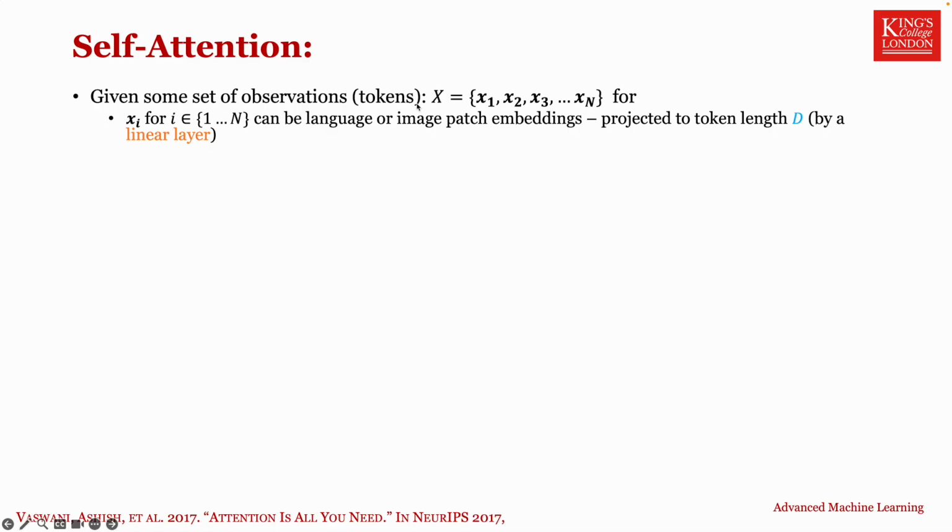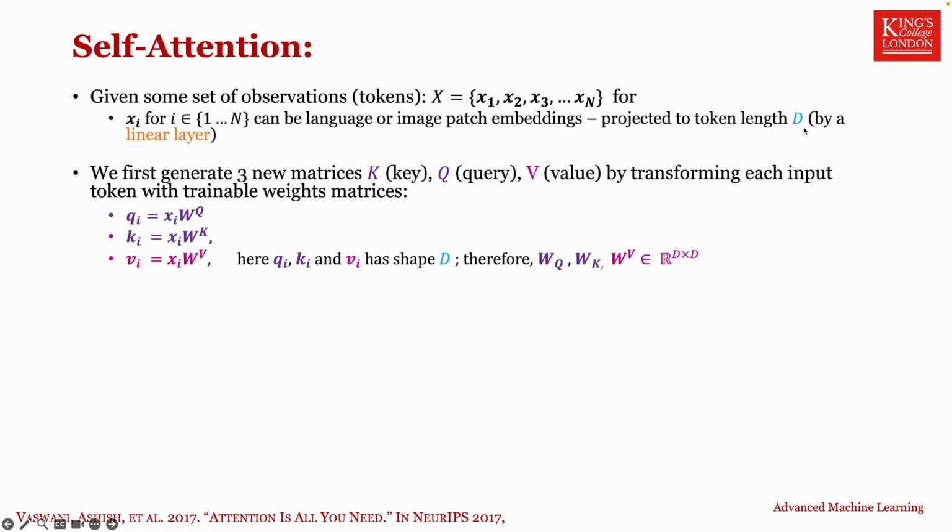These tokens are first projected through a linear layer to reduce their token length to d. From these we generate three new matrices: the query, the key, and the value. These are generated by transforming each input token with a trainable weights matrix. We've got different weights for the query, the key, and the value.